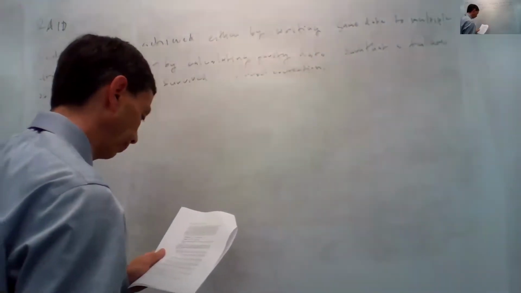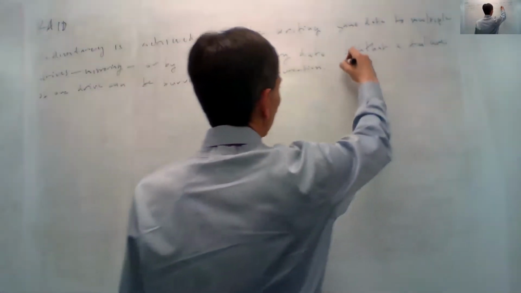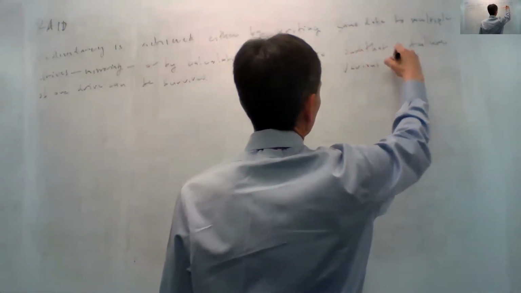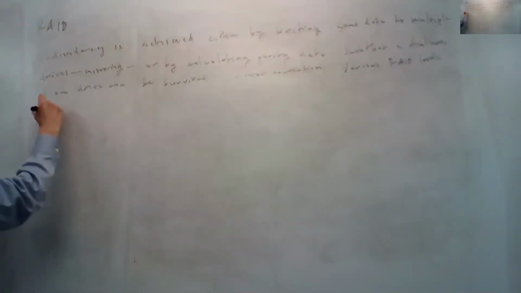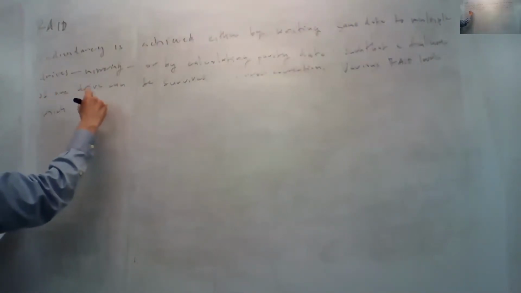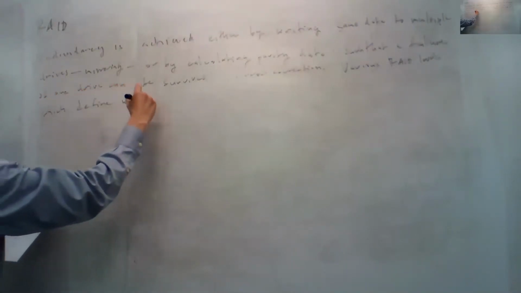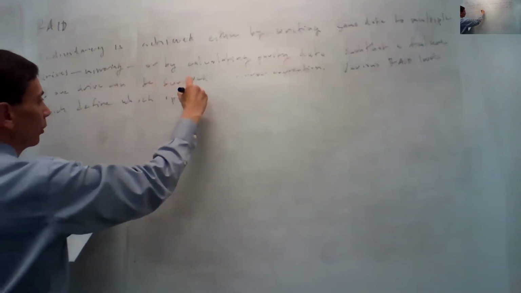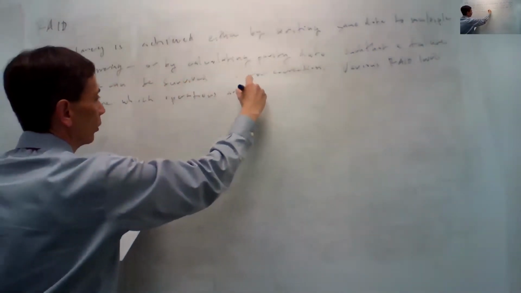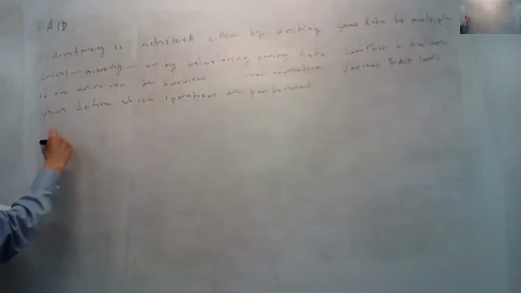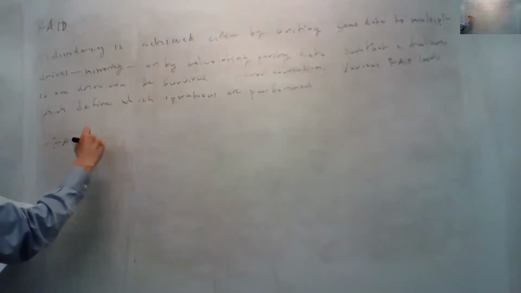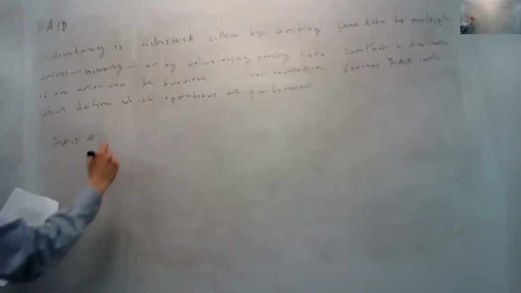Okay? And so there are various grade levels, as I said, which define which operations are performed. So if you've ever been curious, there's RAID 0. What happens here is that you get striping.